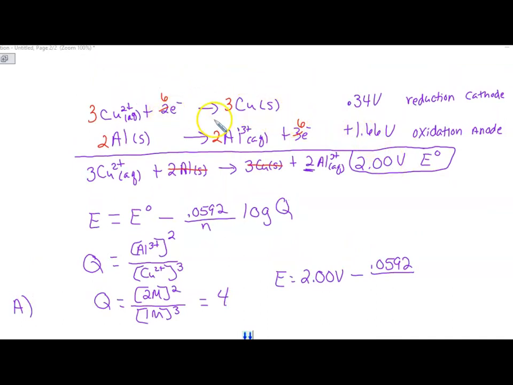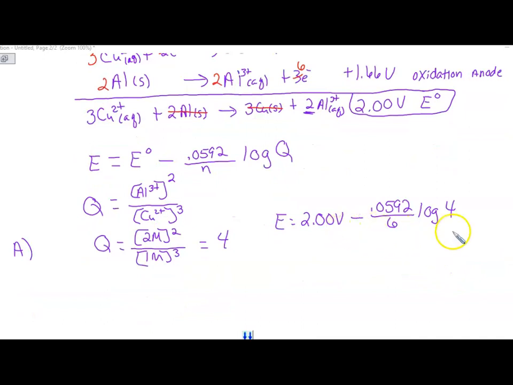There are not 2 electrons, there's not 3 electrons, there are 6 electrons. There's not 12 electrons. Someone is gaining 6 electrons, the other one is losing 6 electrons. It is a give and take of the same amount. So the number of electrons in total is 6. 6 electrons there. And then we have log of 4.